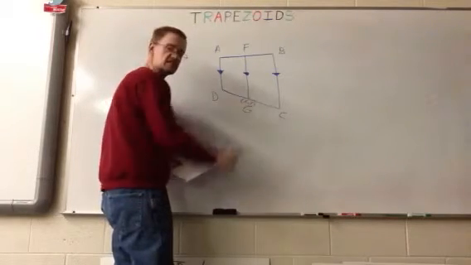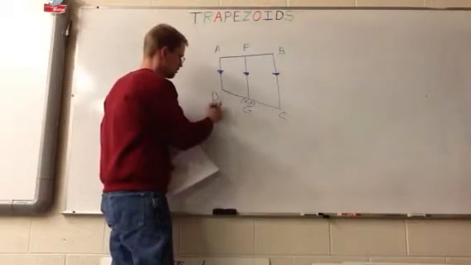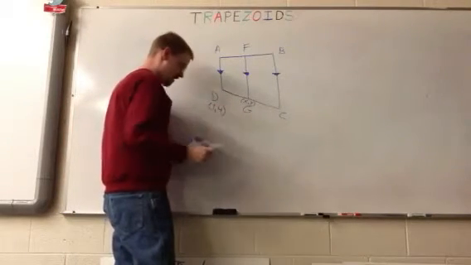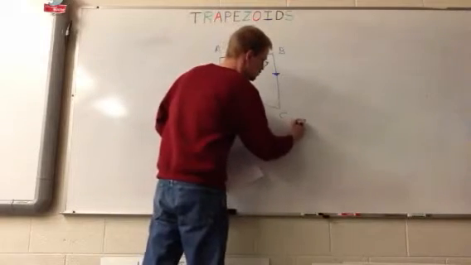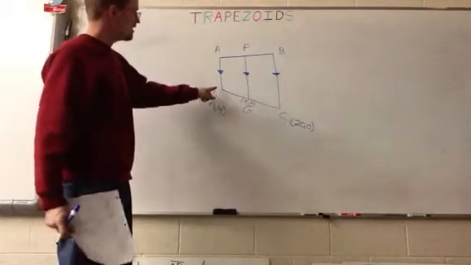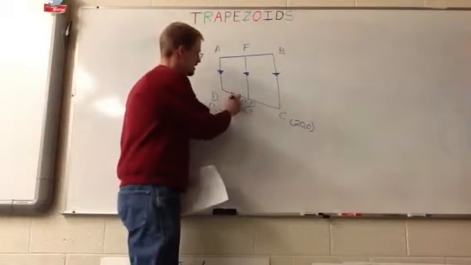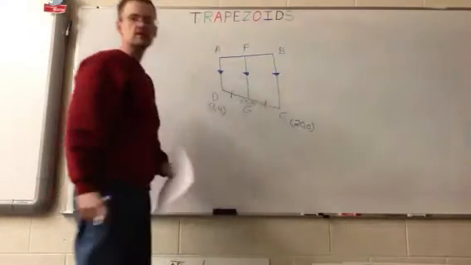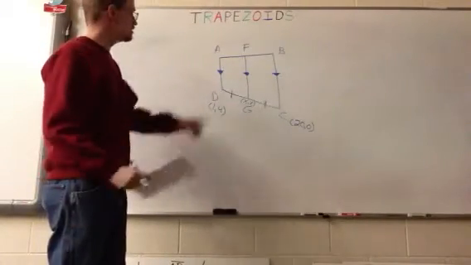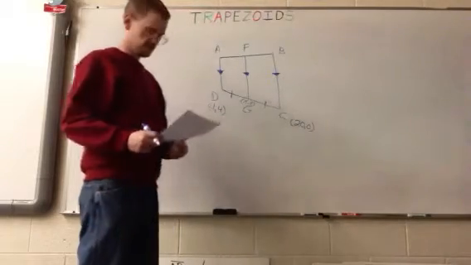We want to know these coordinates right here, x and y. This is a coordinate problem. We're given D, which is (1, 4), and C, which is (20, 0). Again, G, if it's a mid-segment, is going to cut this into 2. So what are we going to use for D to C to find G? The midpoint formula.